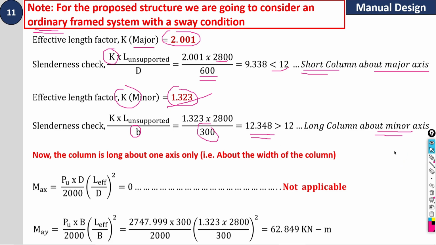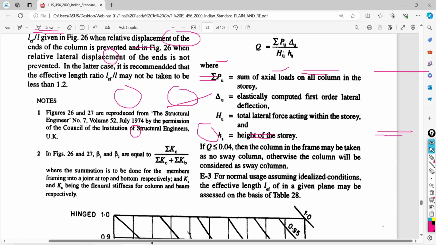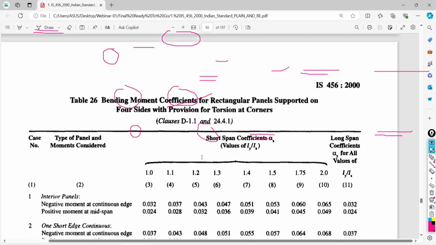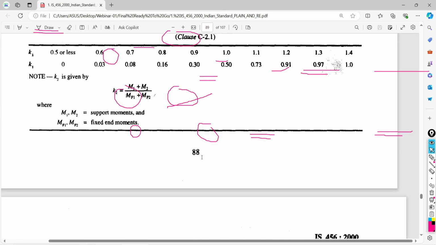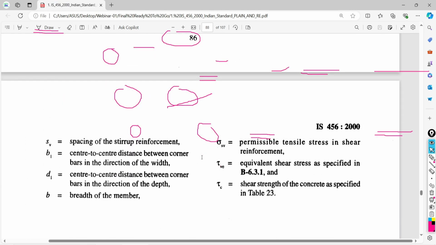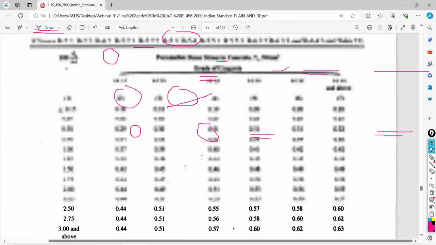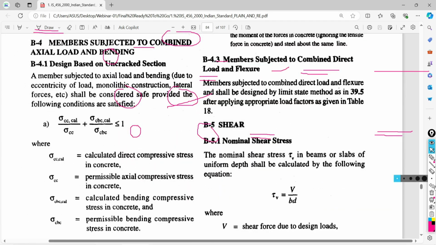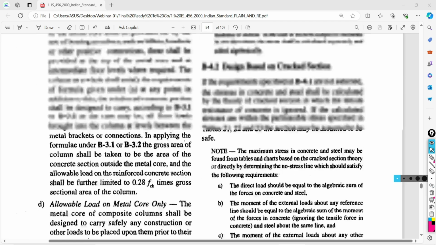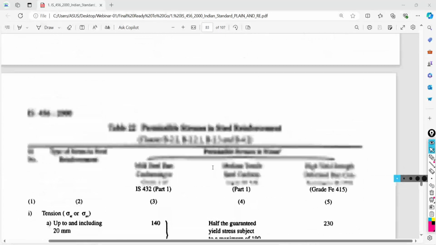Now, if you look at IS 456:2000, let me show you. If your column is a long column, in that situation you have to consider the additional moment. Let me check where that is given.